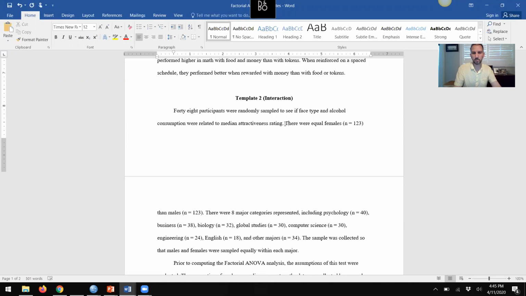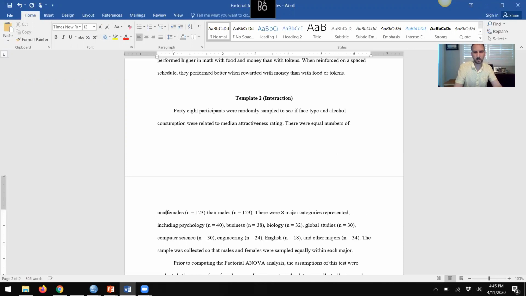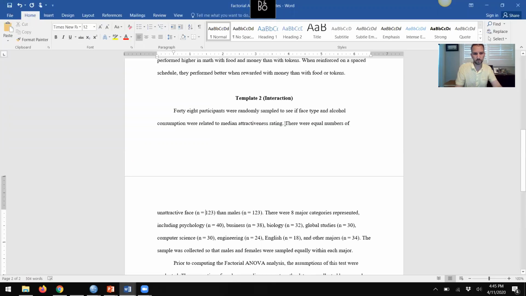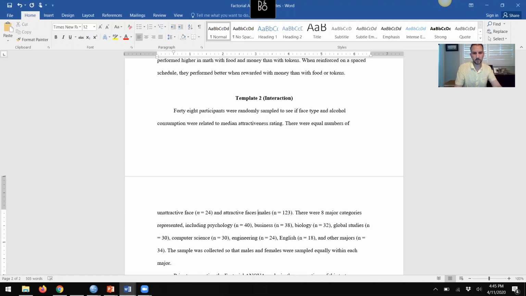So I can just remove that and say there were equal numbers of unattractive faces, n equals 24, and attractive faces, maybe I gotta add the S. And notice in this data set, I don't have N italicized, so I'm italicizing that.